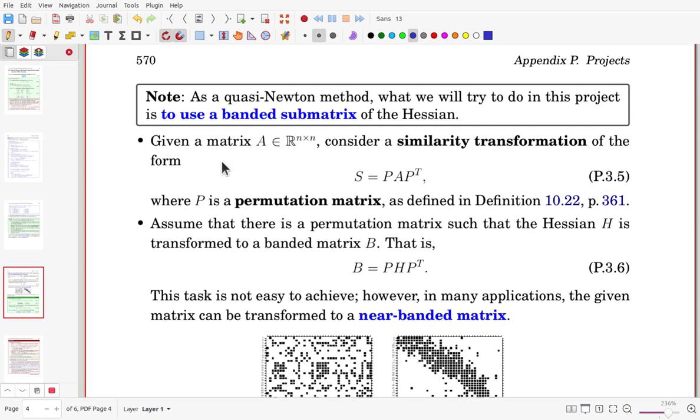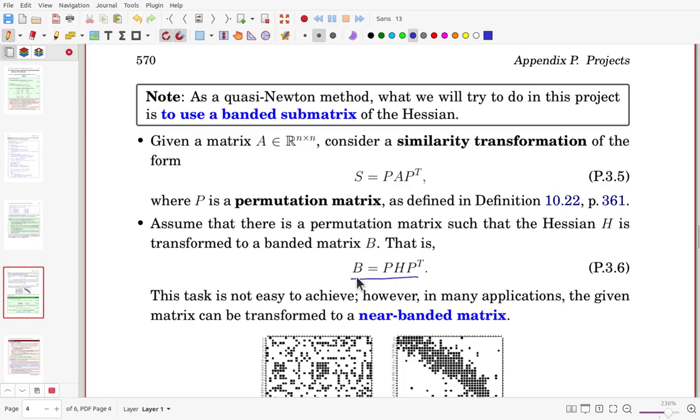Given a matrix, consider a similarity transformation of this form. So from A, if we can find some permutation matrix P, PAP transpose, that is now the transformed matrix. Now, we assume there is a permutation matrix such that the Hessian is transformed into a banded matrix, formulated in this way.